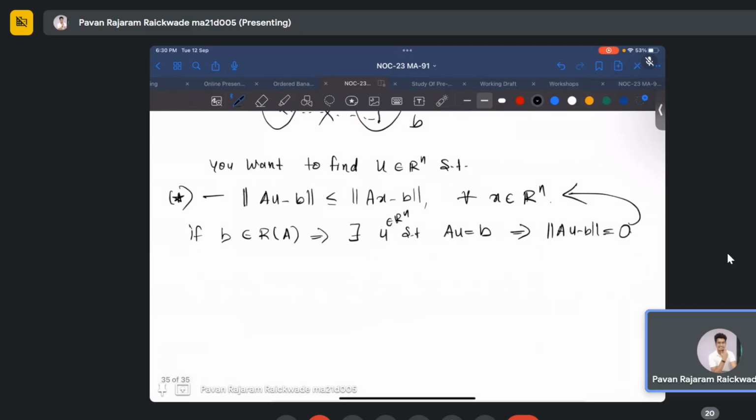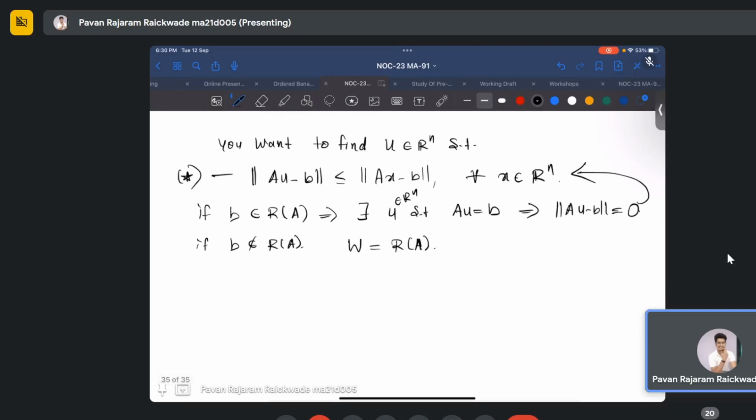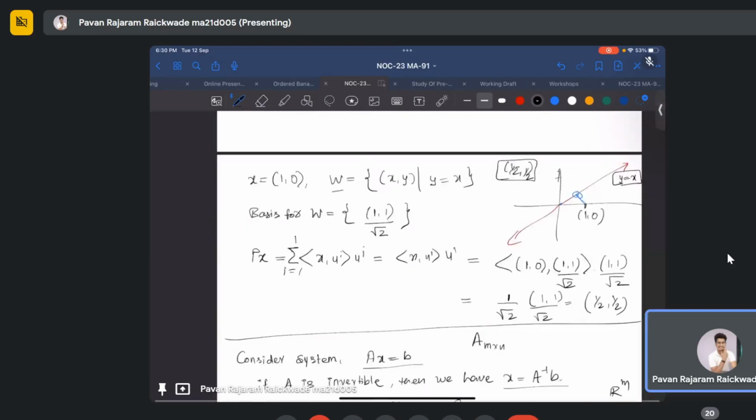But now if b is not in the range, let's call W the range space of A. Now comes the theory of best approximation. Recall what I explained just now.